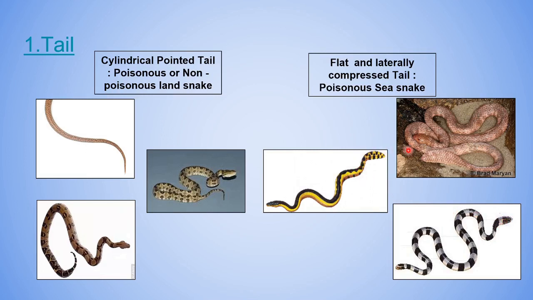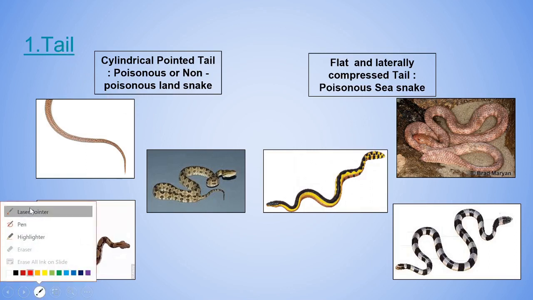As you see in the three examples shown here, they have a tail which is really flat and laterally compressed, which can be clearly distinguished from the normal pointed tail of land snakes. So if we get a snake with a pointed tail rather than a flat one, we have to look at the other features. If it was a flat one, we would confirm it as a sea snake.